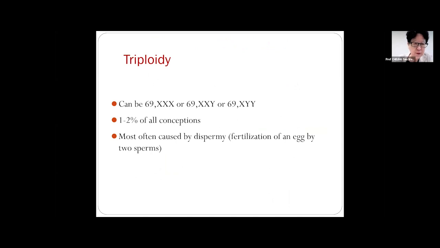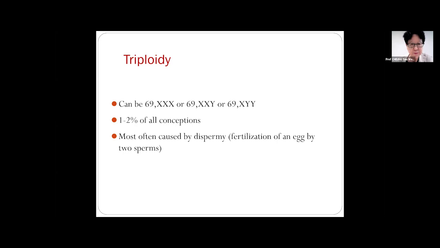Triploidy is interesting. It can be 69,XXX or XXY or 69,XYY, and occurs in 1 to 2% of conceptions. Most often it is because two sperm fertilize one egg, and then you have three sets of chromosomes, and that's why you have triploidy.